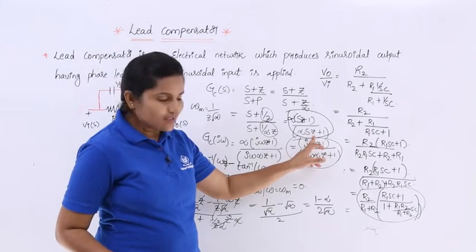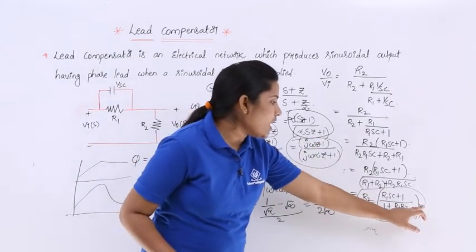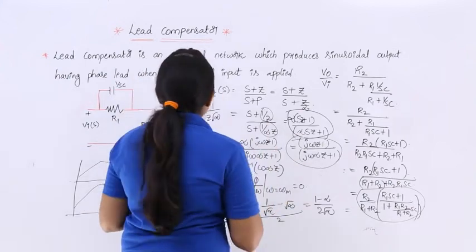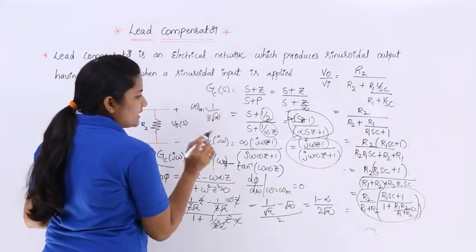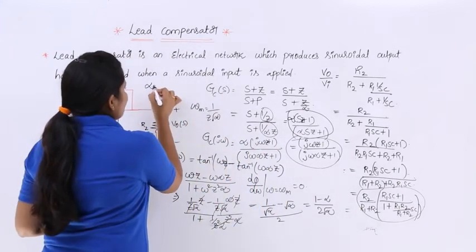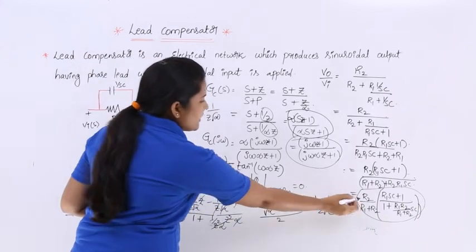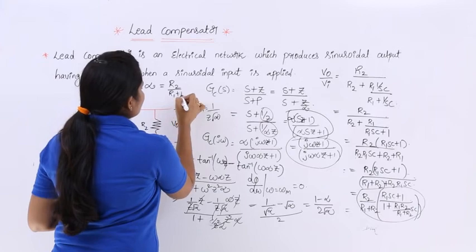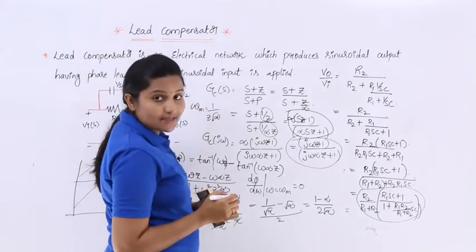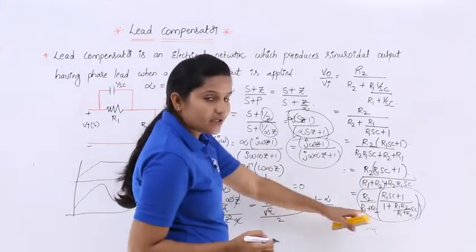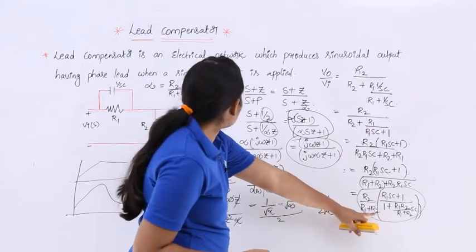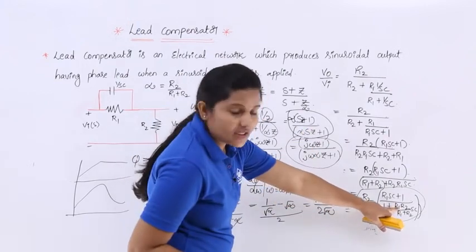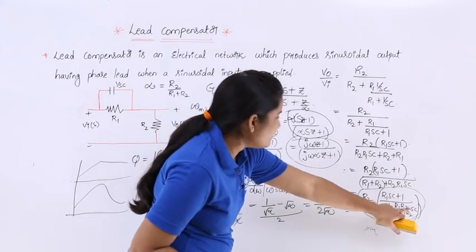By comparing these two for the lead compensator, alpha is equivalent to R2 by R1 plus R2, and this should be less than 1. Then by comparing, Z will be the remaining term.